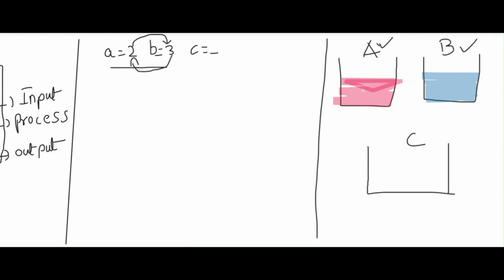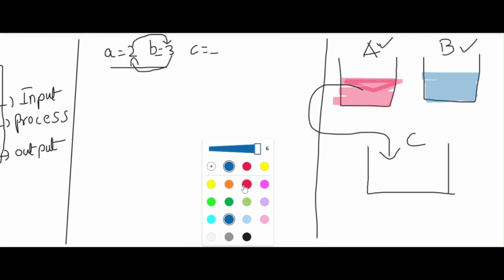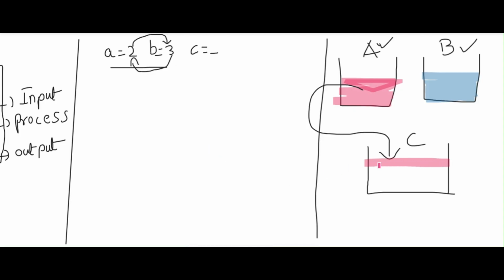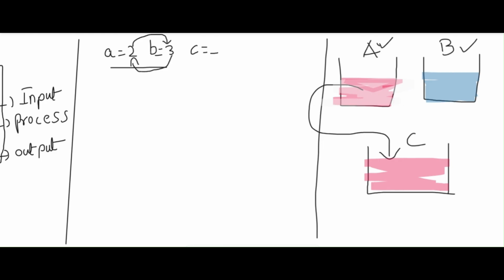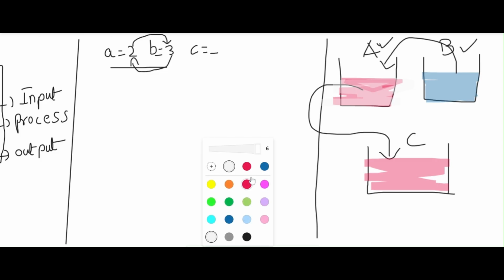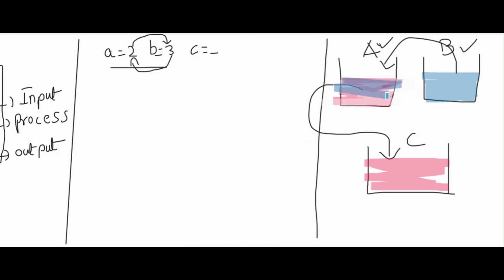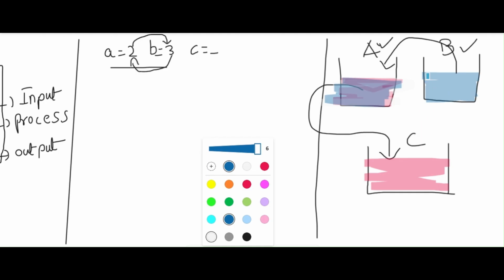Simply, first you pour the red color water into this C. Now C will have red color water and A will be empty. Now what will you do? You pour the blue color water into bucket A. Now bucket B is empty.